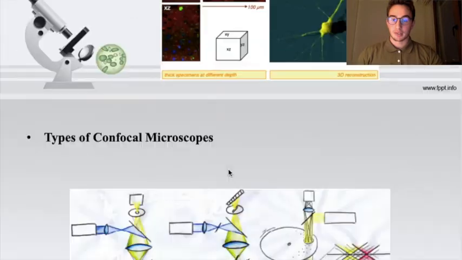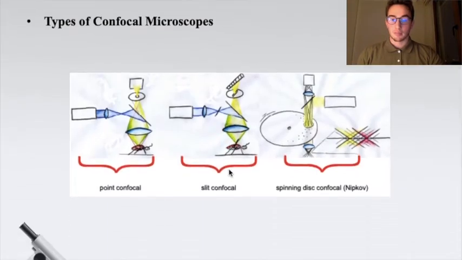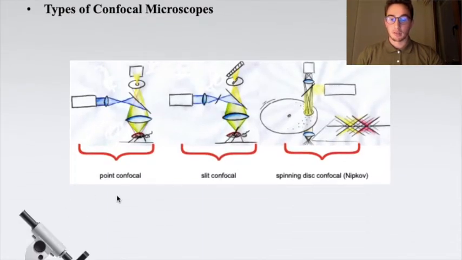Actually, it has three types. These are point confocal microscope, slit confocal, and spinning disc confocal. This is known as NIPCO. So, the choice will depend on the application.